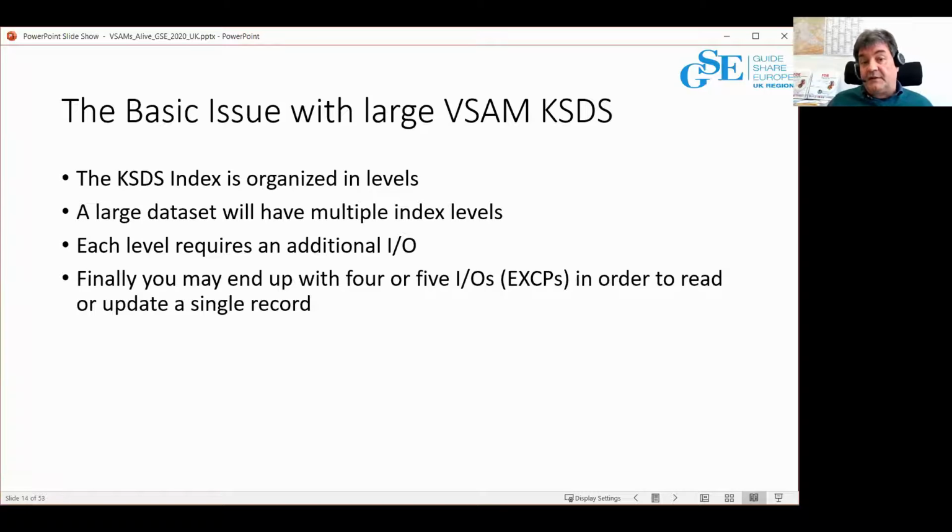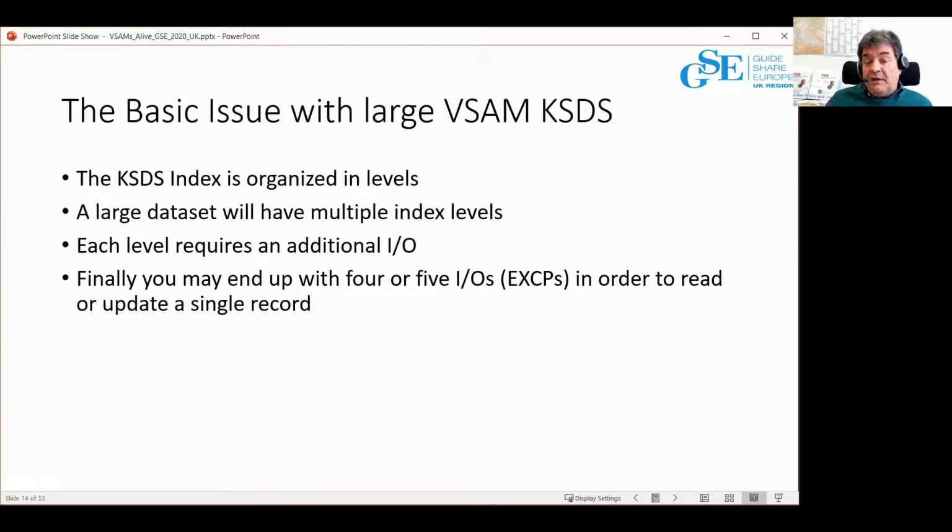And this index is nothing more than a list of all the keys that are used in your dataset. So there is a key sequence set, and if you have many records, then this key sequence set will become large. So the VSAM index is organized in multiple levels, and every level requires an extra IO.